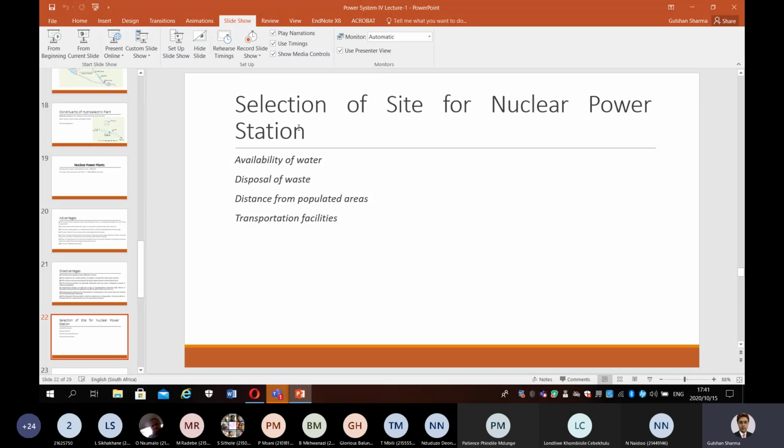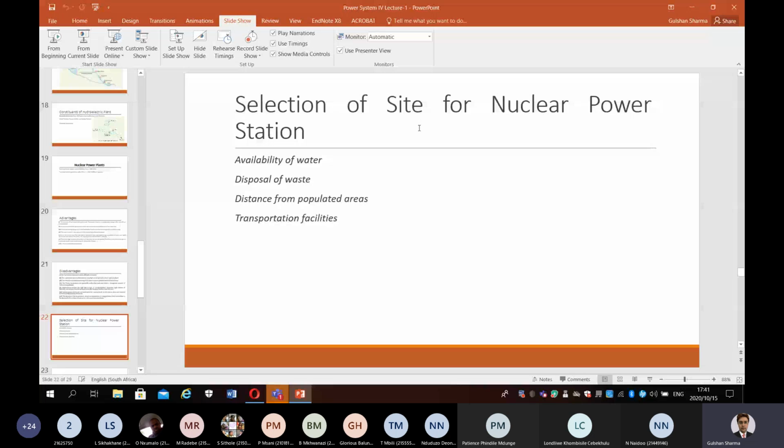Okay, now you see that, as we have discussed, the working of a thermal power plant is very similar to the nuclear power plant, and the exhaust steam available at the output of the turbine needs to be condensed. That is why a nuclear power plant should be installed at a site where sufficient water is available.